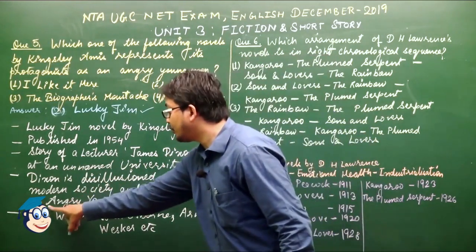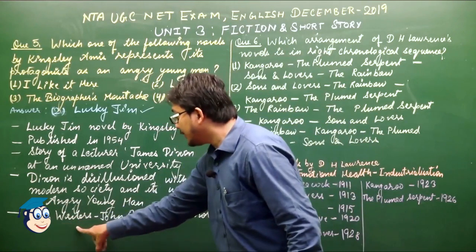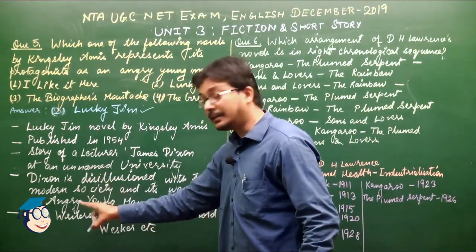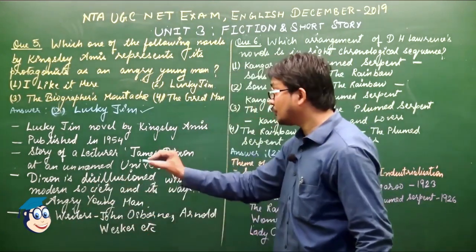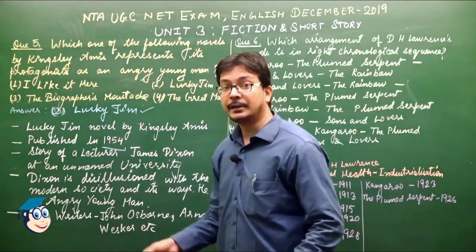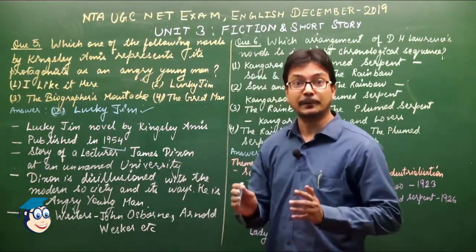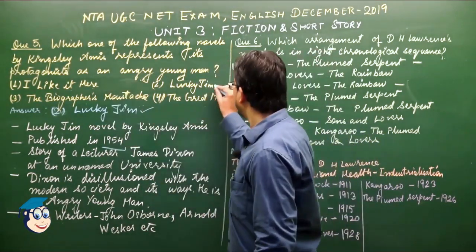This is why he represents an angry young man. The other writers who were also working in the same genre of the angry young movement were John Osborne and Arnold Wesker. In fact, this novel was published in 1954, and in 1955 the novel was awarded the Somerset Maugham Award for Fiction. So this was the answer here.